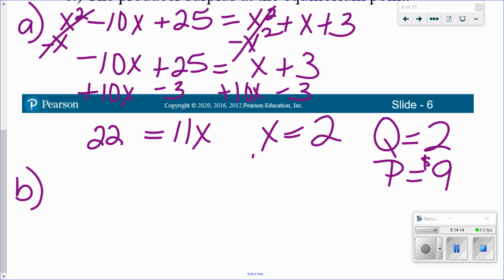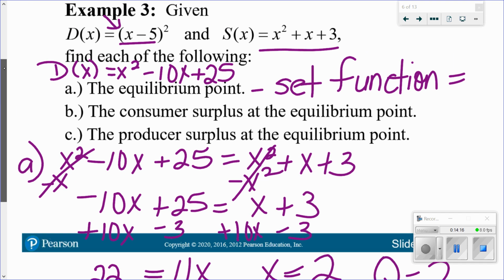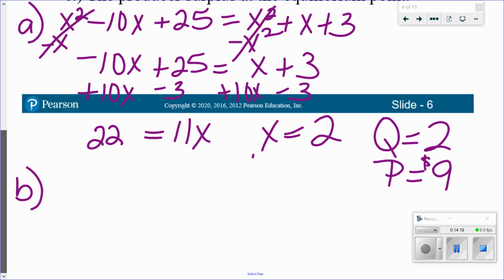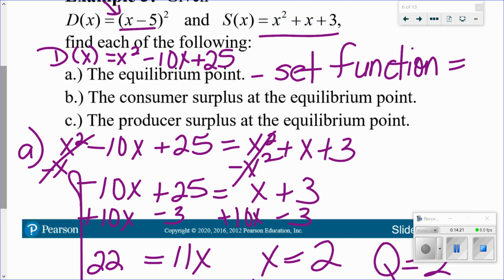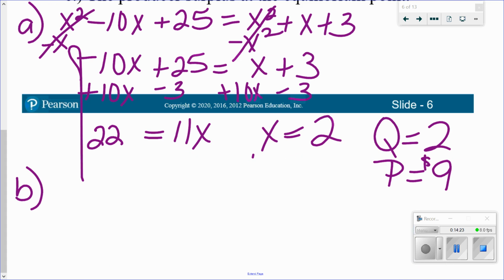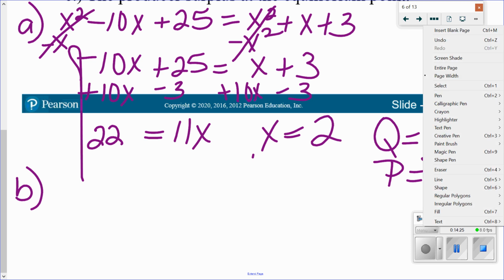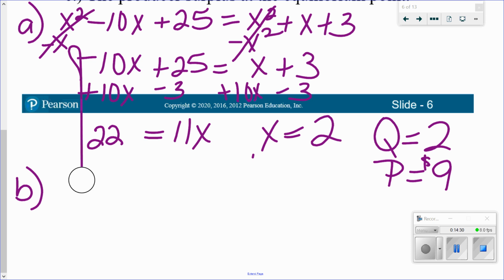Part B is to find the consumer surplus. So we're going to take the, oh dear, let me fix that. Okay.